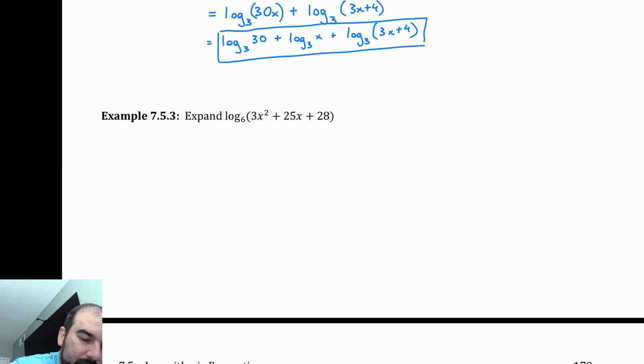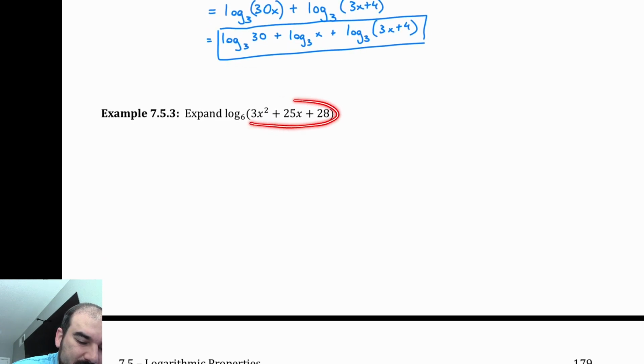Okay. This is not a product. This is a sum of terms, and we can't split these until we have some kind of product in here. What we might be able to do is factor this.